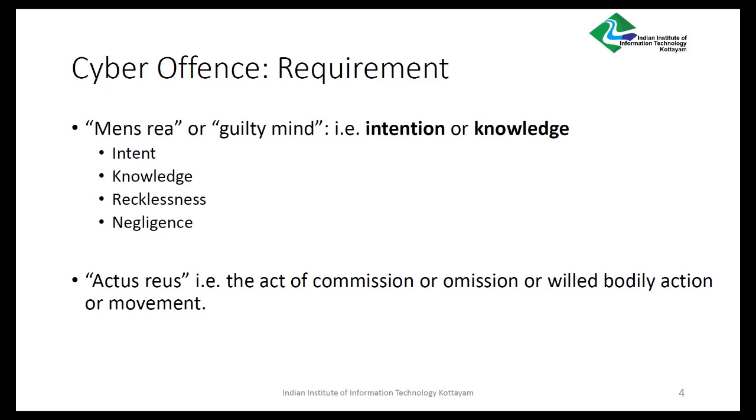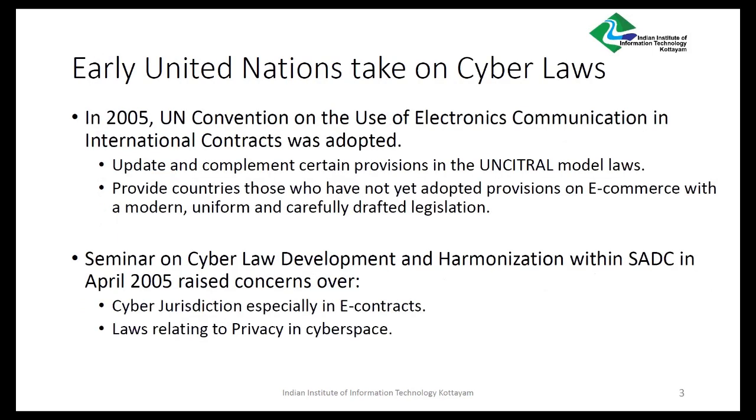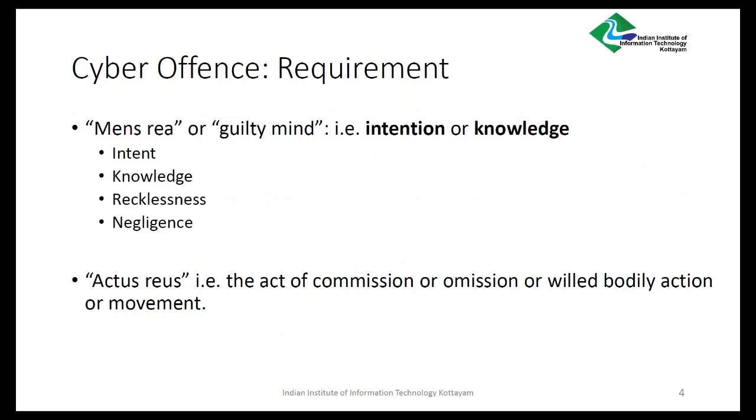Next is knowledge. In knowledge, you are aware of your actions, but you don't particularly care about the consequences. In intent, I knew what I was doing, I knew what it would do, and I did it willingly. In knowledge, I am aware of my actions and the consequences, but I don't really care about the consequences.